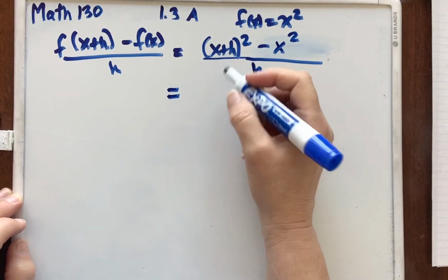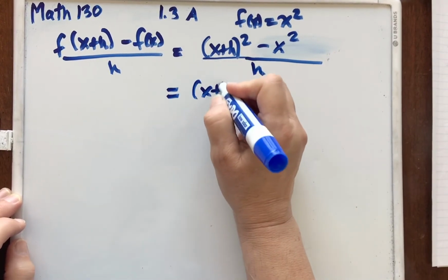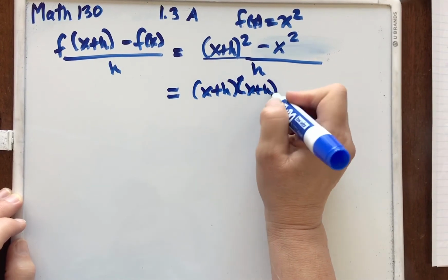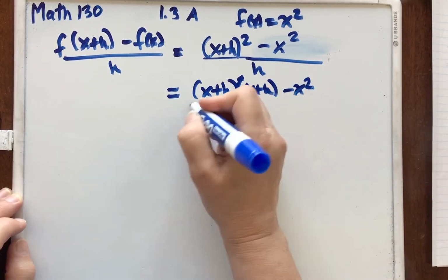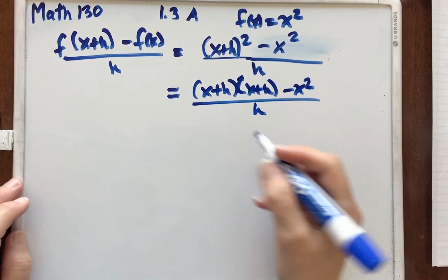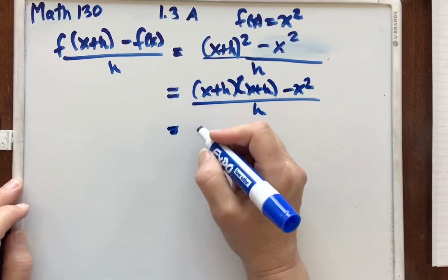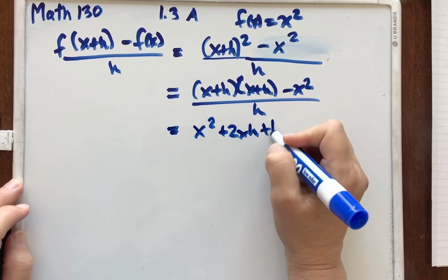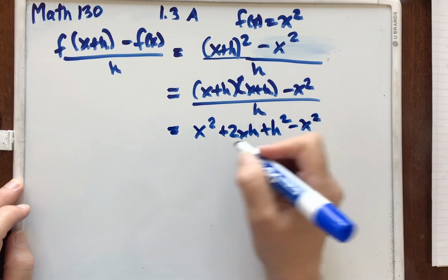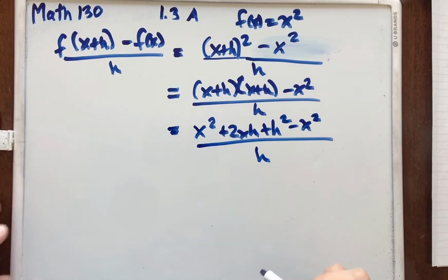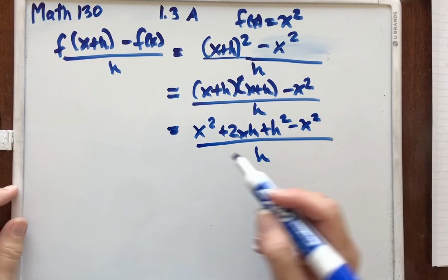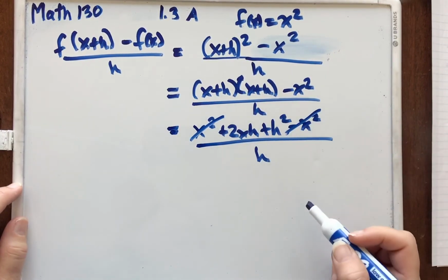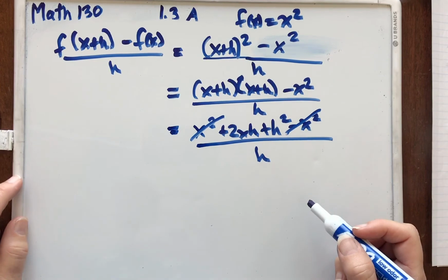Okay, so we're just going to do some algebra here. This is x plus h times x plus h minus x squared over h. Okay, using FOIL, we have x squared plus 2xh plus h squared minus x squared over h. All right, we see that this x squared and this minus x squared cancel. What else do we see?